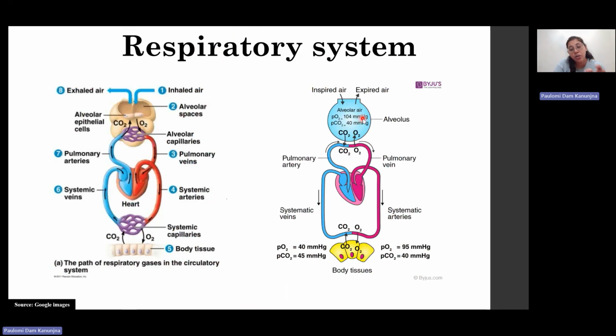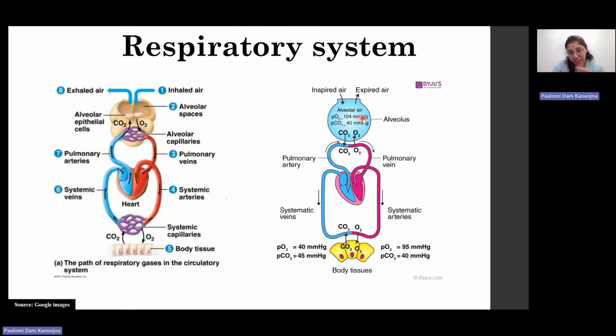Now, coming to alveoli and the pulmonary blood. When the blood enters the lungs, the PO2, the oxygen pressure, is 40 mmHg, and PCO2 is 45 mmHg, right? And the blood that leaves has PO2 100 mmHg and PCO2 40 mmHg.